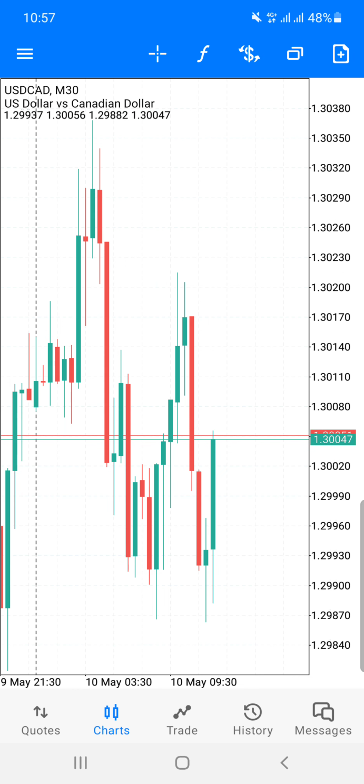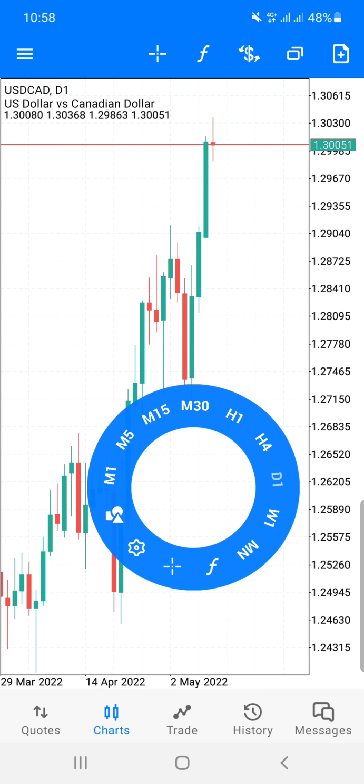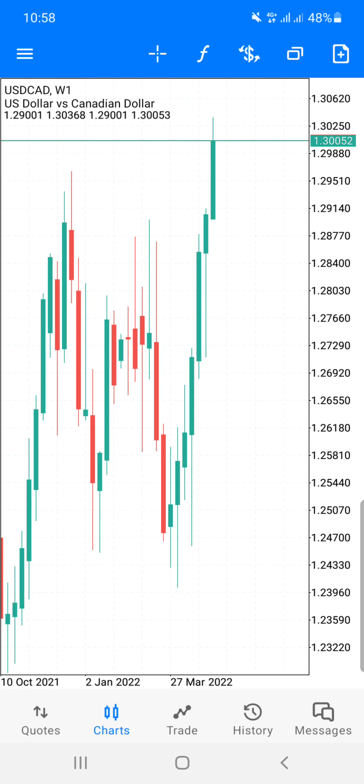If you go to D1, at 24 hours one candle forms fully in this daily time frame. So before you can see another new candle, you have to wait 24 hours. Then if you go to W1, each candle here forms in 1 week.